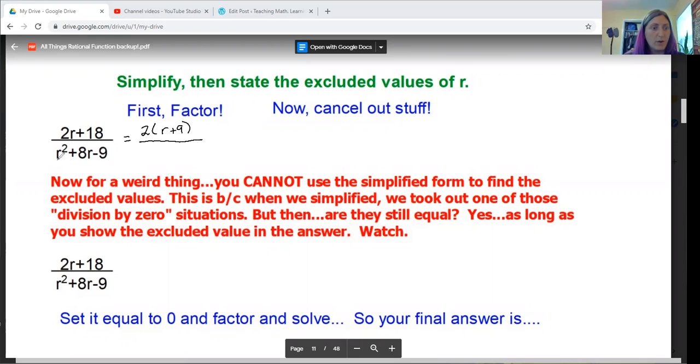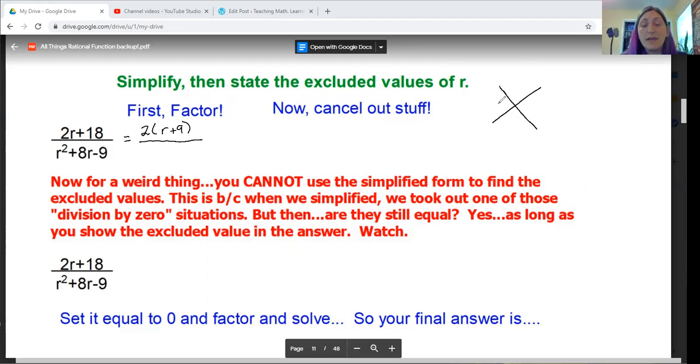Let's factor our denominator. Ooh, r squared plus 8r minus 9. Maybe it's been a while since we've done this, but you can use this technique now in my classroom. We call this the X games. I've heard it called the diamond in different classrooms, but it's a method of factoring quadratics where you put your terms here and here, and then you find your factors.